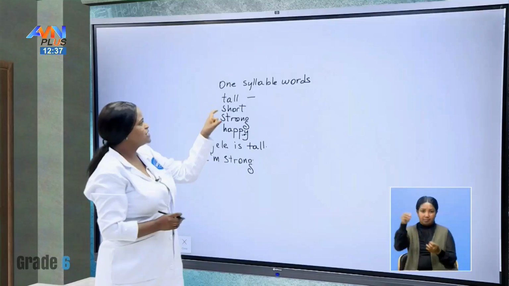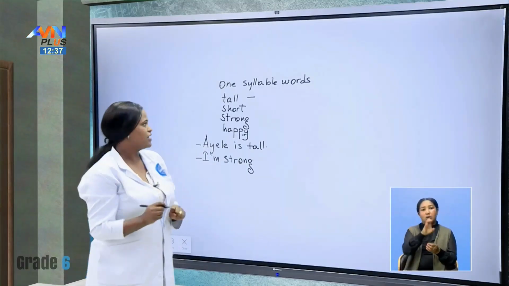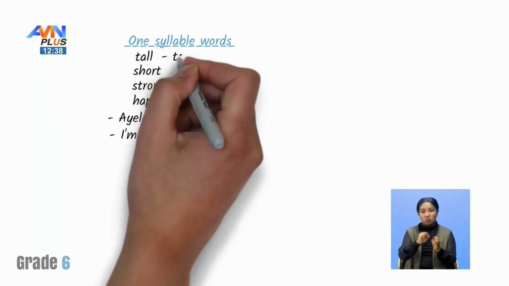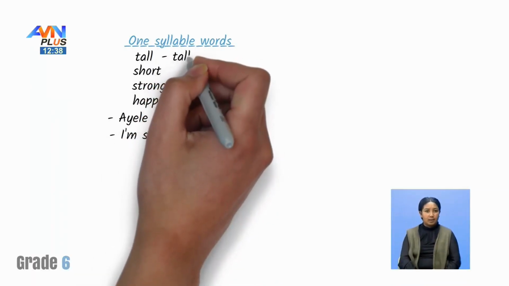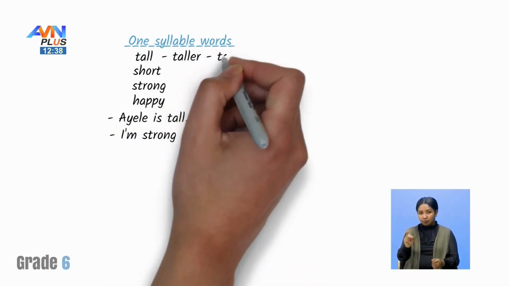But for the other one-syllable words, we simply add what? ER. For example, tall. How do we make it? Taller. Yes? And its superlative form, it is what? Tallest.